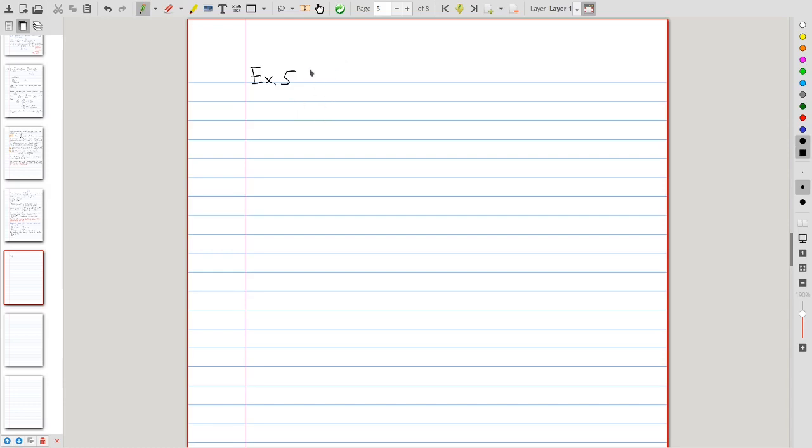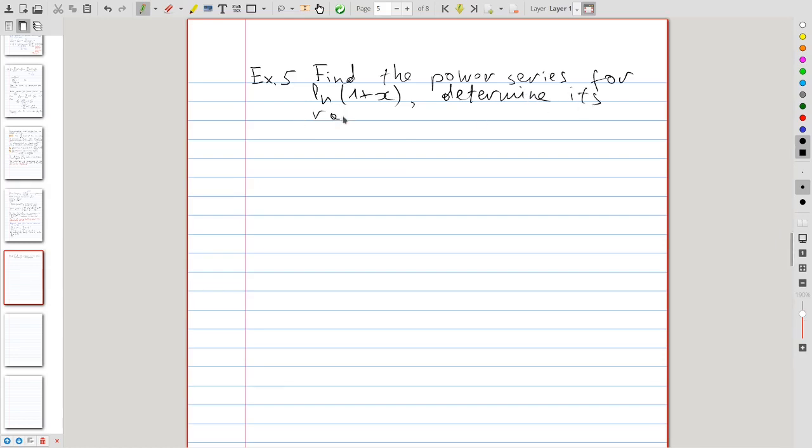So, example 5, let us find the power series for the function log of 1 plus x and determine its radius of convergence.